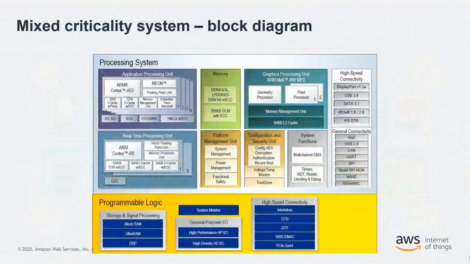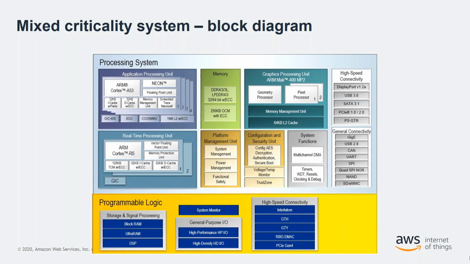Now in that for IoT Greengrass, when we're talking about the Xilinx case in the FPGA, what we see in the upper left-hand corner is the Cortex A53, which is the system or the cores where Linux runs. And then what we also have on the lower hand is the programmable logic.